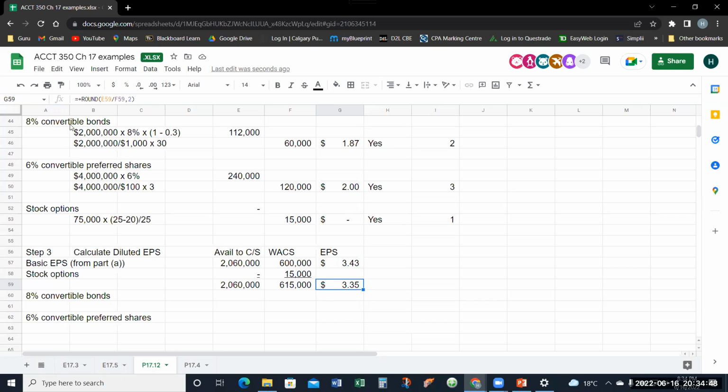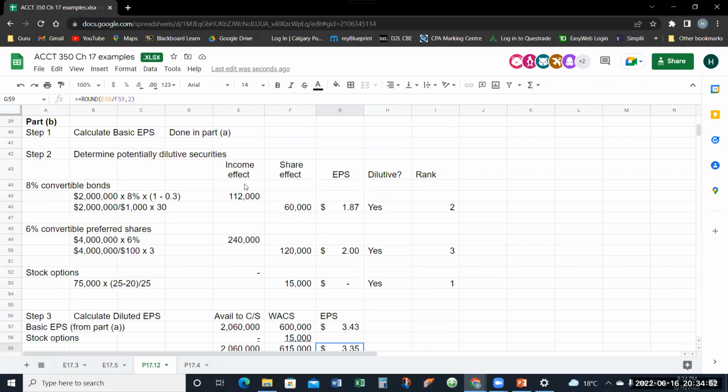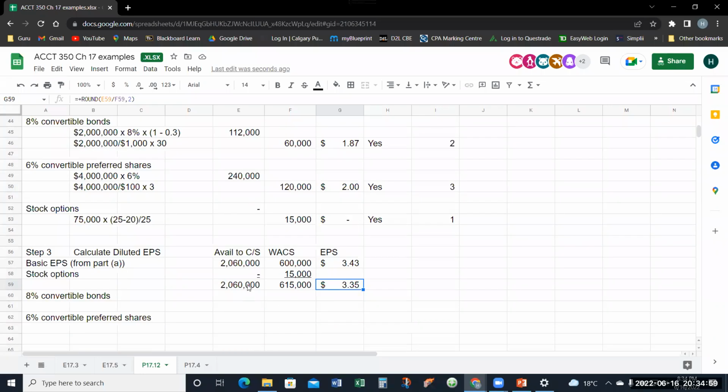Next one is my 8% convertible bonds. If I converted the bonds, I'll save $112,000 in interest expense. So my income available to common shares will go up by 112,000, from 2,060,000 to 2,172,000.